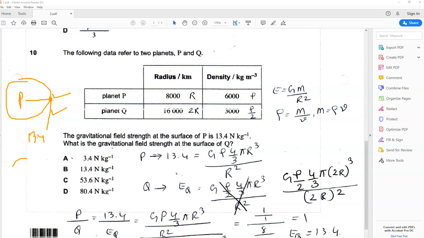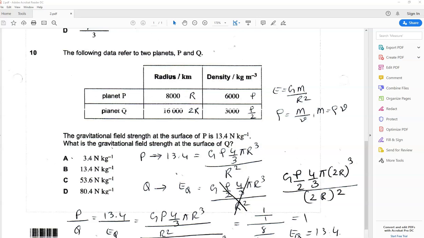And you have one more, the bigger planet Q, which has a radius of 16,000 and half the density. There are a number of ways to do this type of problem. You have to look at the number of marks awarded to the question. Most often, if it's a 1 mark question, the solution will be pretty easy. So here I'm explaining how you can solve these two problems.